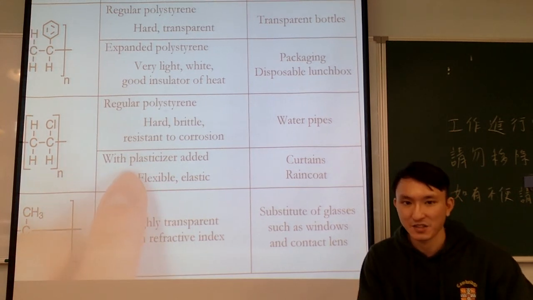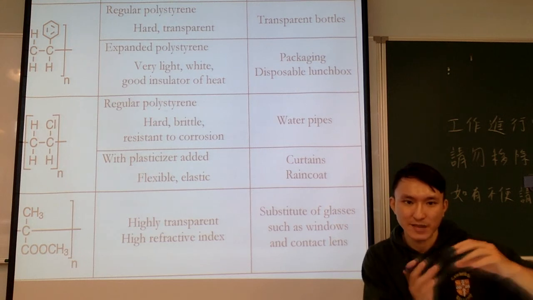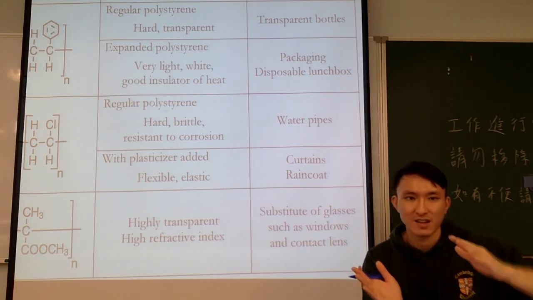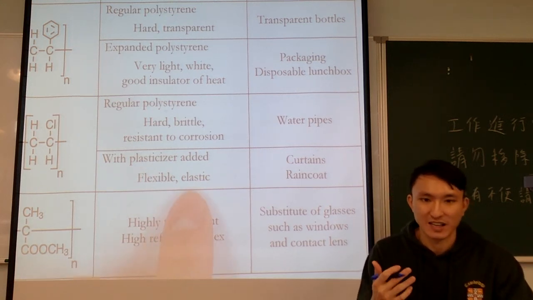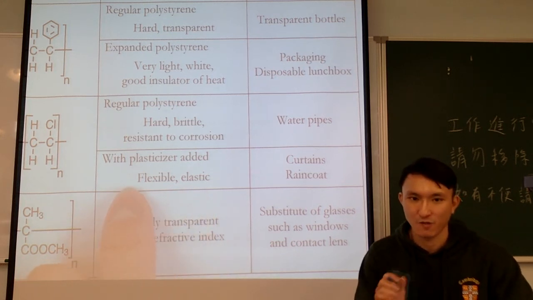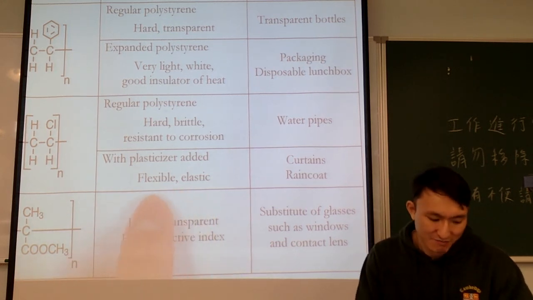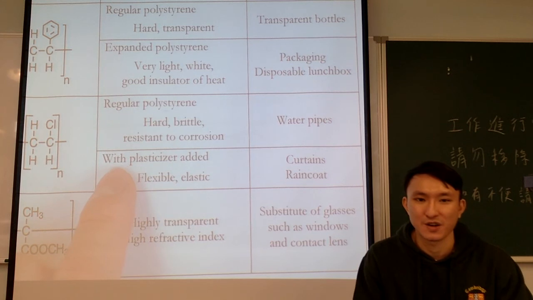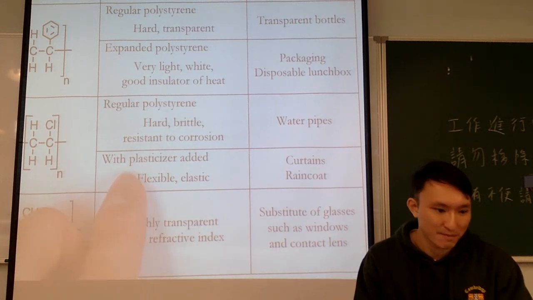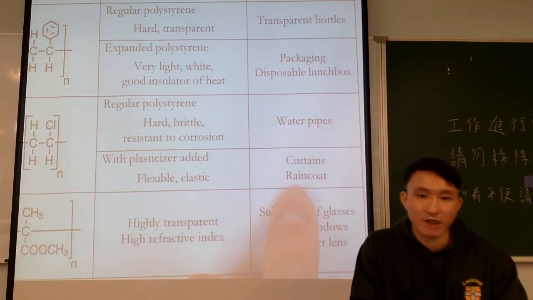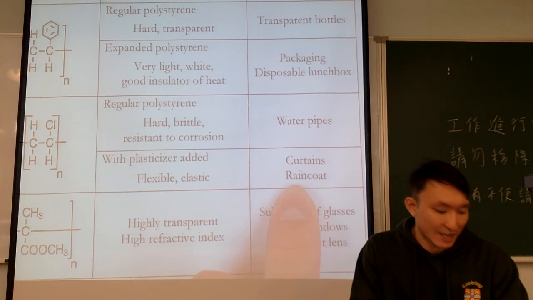But with plasticizers spacing out the polymer chains, there is a certain extent of elasticity and flexibility. A couple of years ago, you also heard about plasticizers being added into bubble teas in Taiwan. That is the same thing. Curtains and raincoats are applications of plasticized PVC.